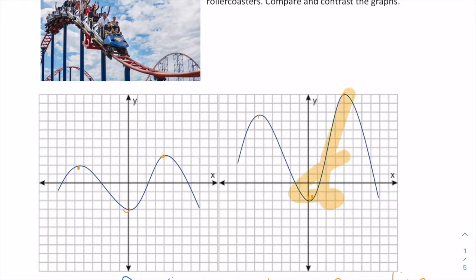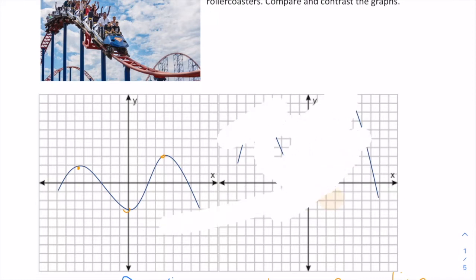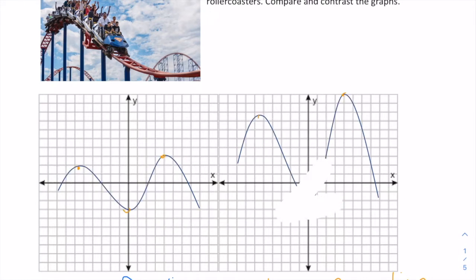From last chapter, we can also compare their domain and range. So this domain for the parent function is -8 to +8, and it's the same for the transformation, -8 to +8. When I look specifically at points, I'm just going to draw this axis so I can see the graphs.